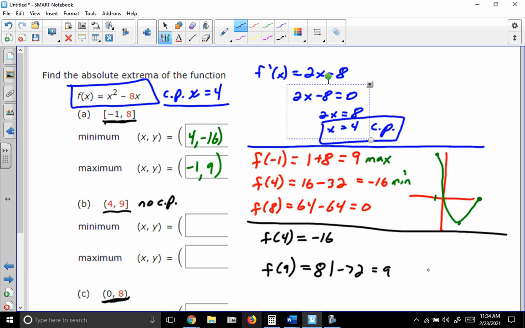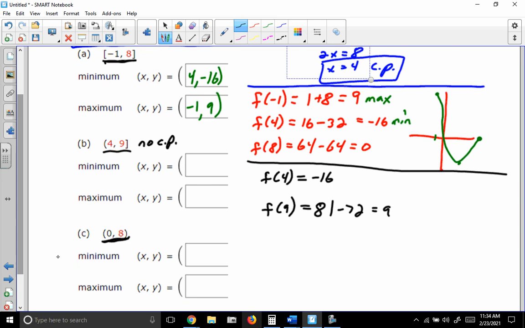Now, why did I even mention that? That helps me determine if the other side is going to be a maximum or a minimum. I need to know, is the y value at 9 higher or lower than the y values on the other side?